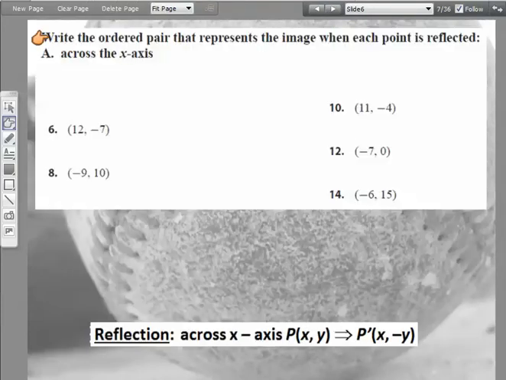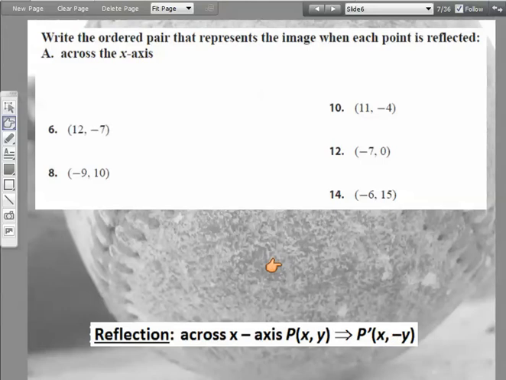First it says write the ordered pair that represents the image when each point is reflected across the x-axis, and I copied that rule for a reflection across the x-axis. Whenever you've got x and y and it's reflected across the x-axis, the x value will always stay the same, the y value will become opposite.